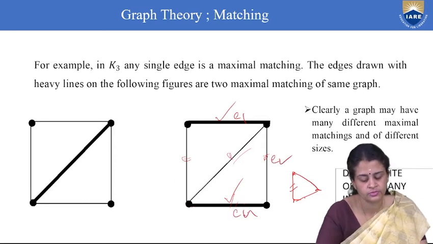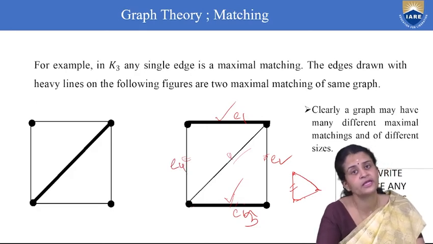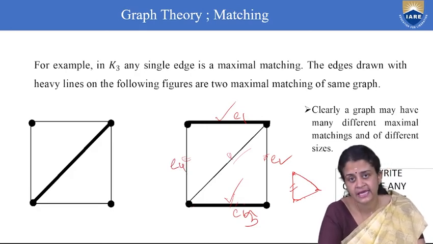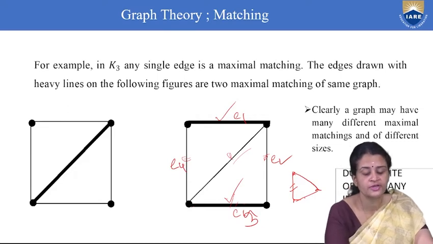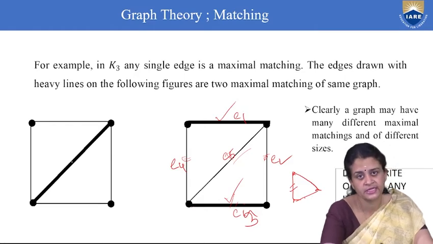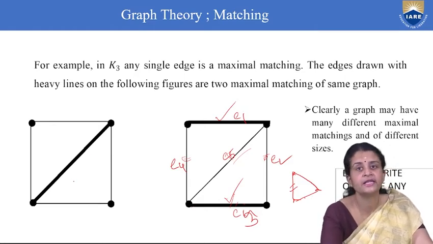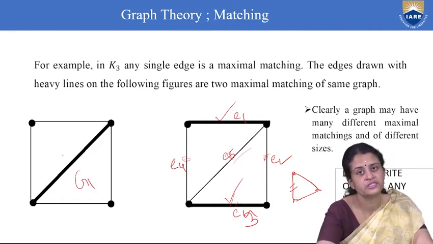If I am taking E1 and E3, does there exist any other matching which contains E1 and E3? No, we cannot find any other matching. Also, if it is E5, we cannot take any other matching in this graph G1 containing this edge.